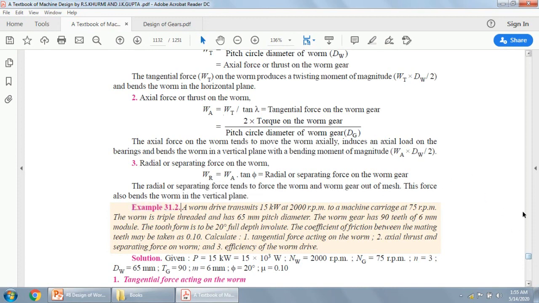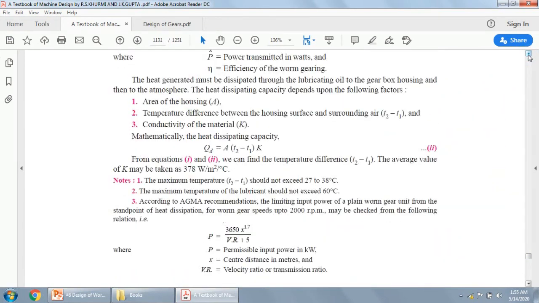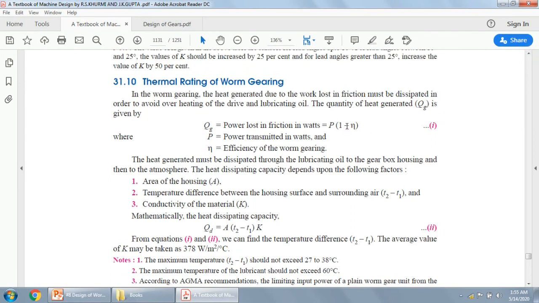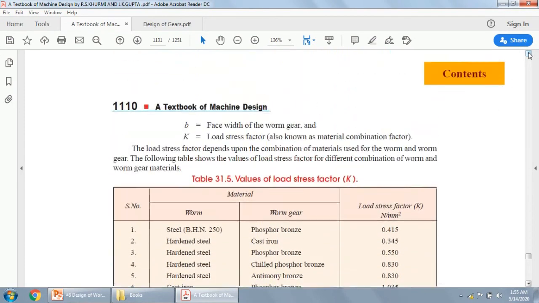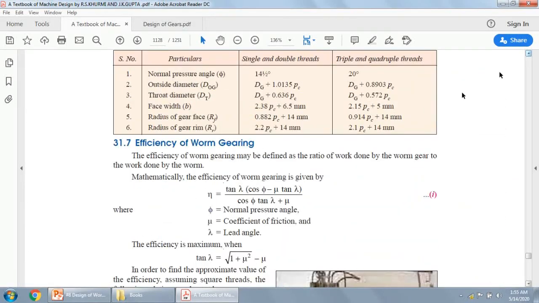Now one thing which we have not covered in this presentation is the efficiency of the worm gearing. Here he is mentioning the efficiency of the worm gear. The efficiency of the worm gear may be defined as the ratio of the work done by the worm gear to the work done by the worm.